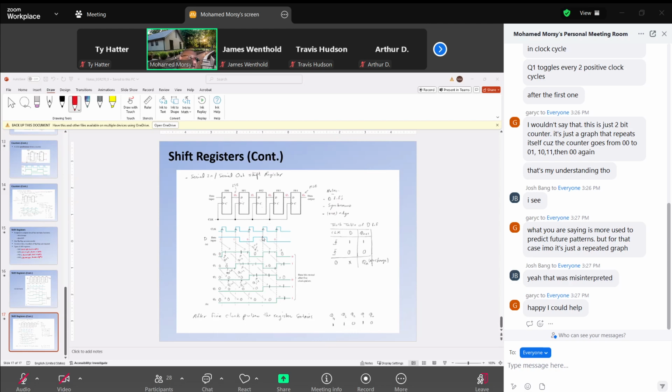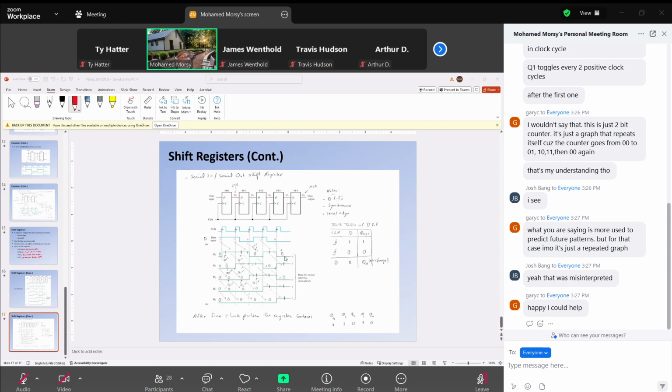Just before the next edge, what is the input? It is 1. So 1 appears at the output. Continue up to the next edge. Just before the clock, the input D is 0. So 0 appears at the output.